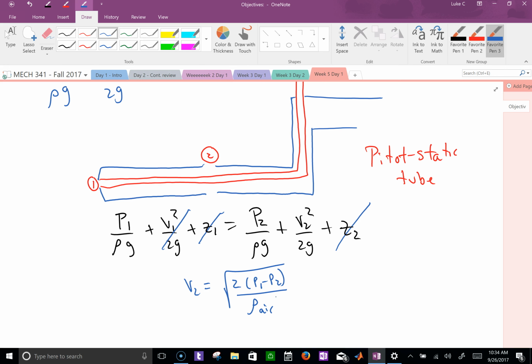So the velocity at 1 is 0, the elevation changes are neglected, and we can rearrange and solve for the velocity, which is really upstream, which is really good. Now in this, the density is the density of the air. We're assuming low speeds, meaning the density doesn't change. At high speeds, it's a little trickier.